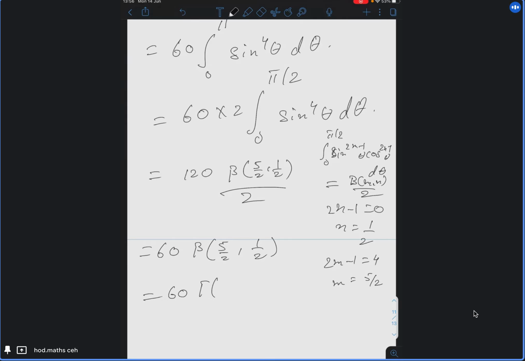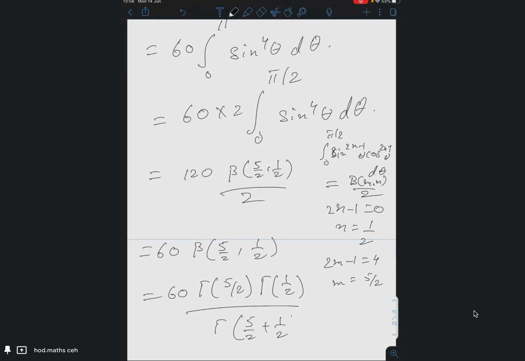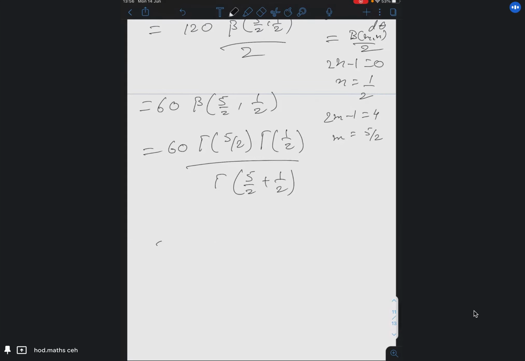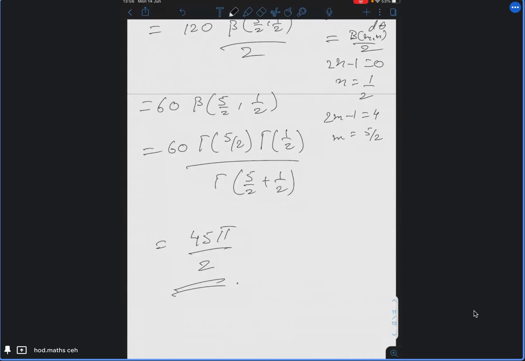So gamma 5 by 2 into gamma 1 by 2 by gamma 3. Solve it, and you will get overall 45 pi by 2. This is the answer.